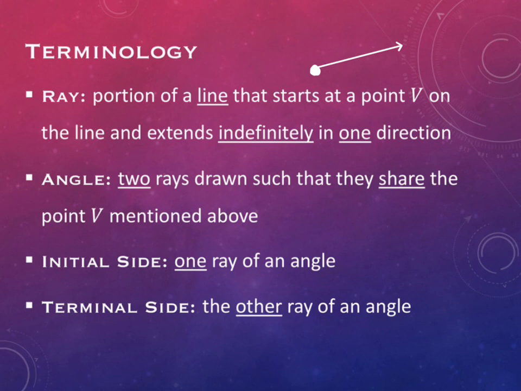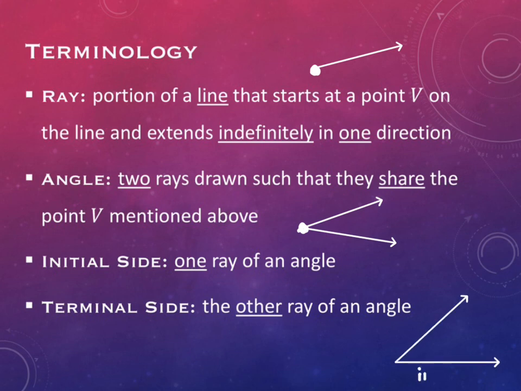An angle is two rays drawn such that they share that point V. It looks something like this. The two sides of an angle generally are called the initial and the terminal side. Most of the time when we're working with this kind of terminology, the initial side is horizontal, like this, and then the terminal side is somewhere else.